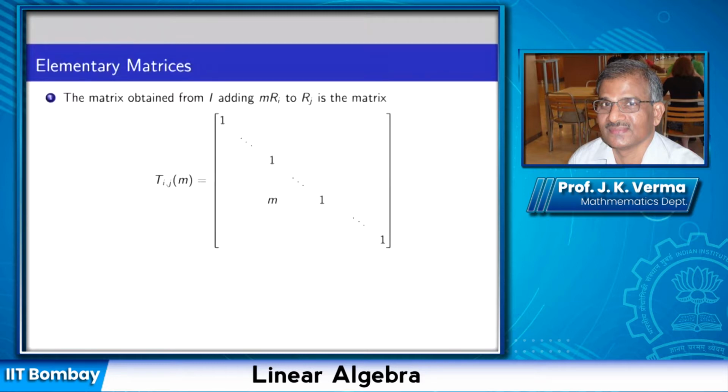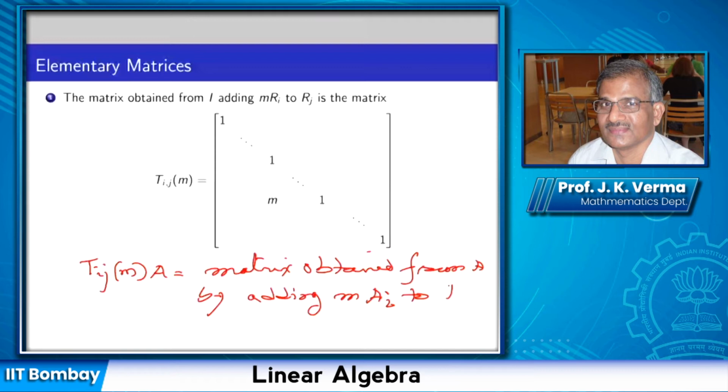So if I multiply Tij_m on a matrix A, this is the matrix obtained from A by adding m times ith row to jth row. That is the action of Tij_m.